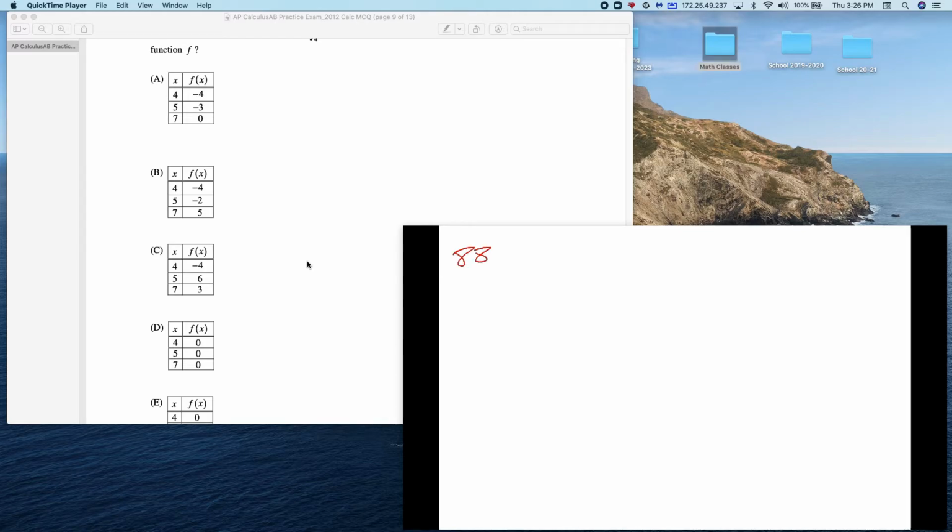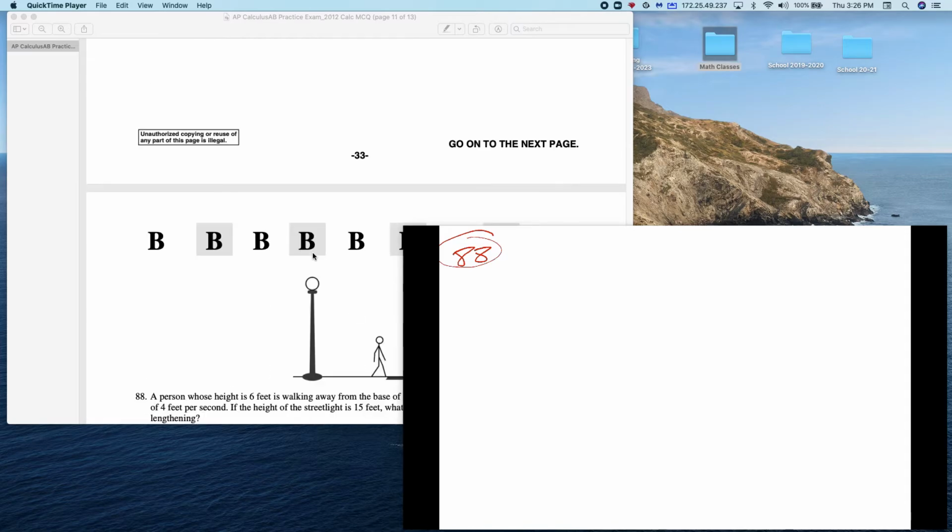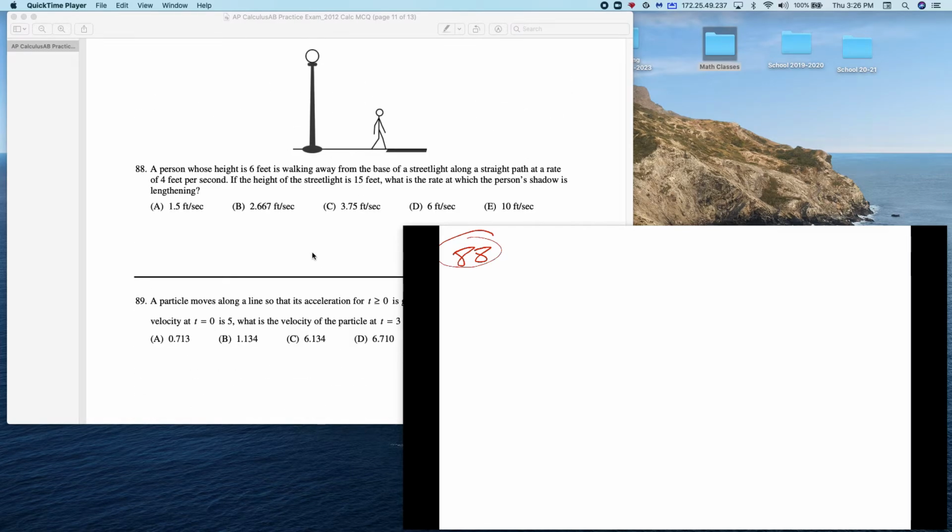88 is a tricky problem. It's a related rates problem that deals with similar triangles. You've got this lamppost and this person. The lamppost is 15, and it doesn't change. The person is 6 feet, and that doesn't change. You have x here and y here.